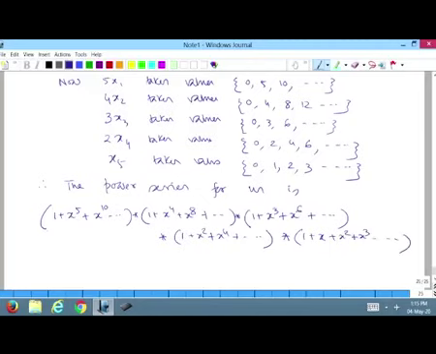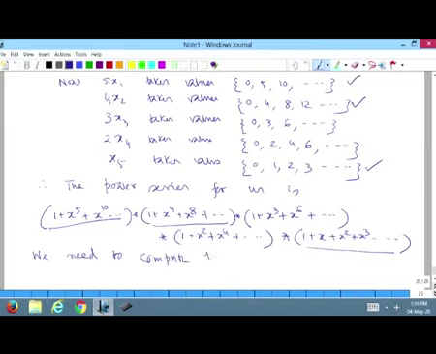As you can understand, each factor corresponds to its set of values. We need to compute the coefficient of x to the power 5.